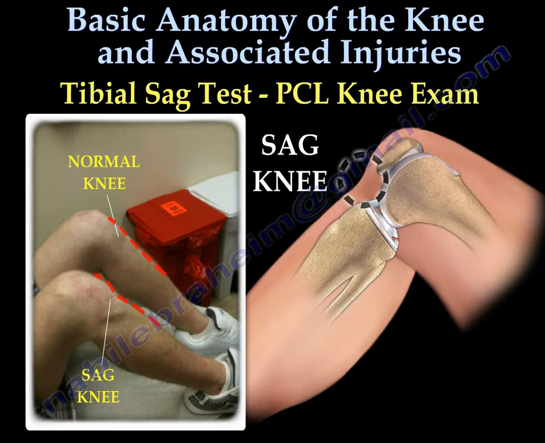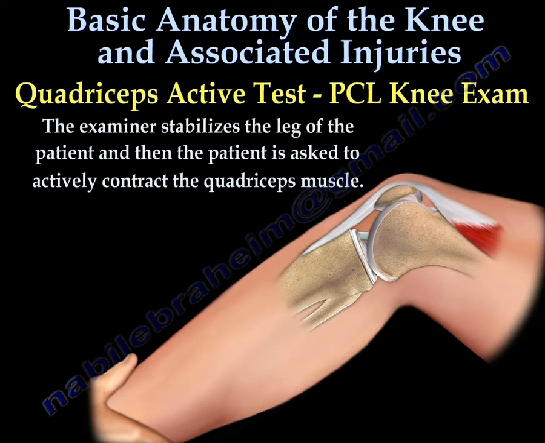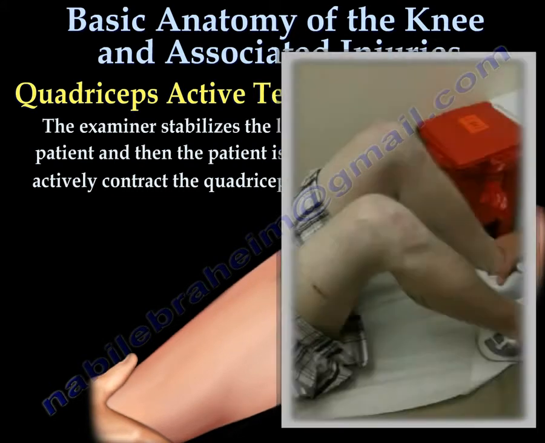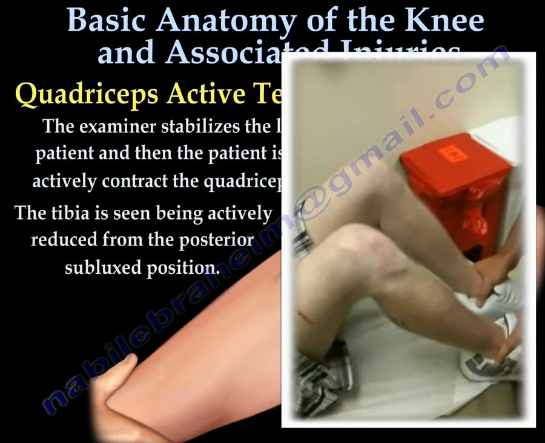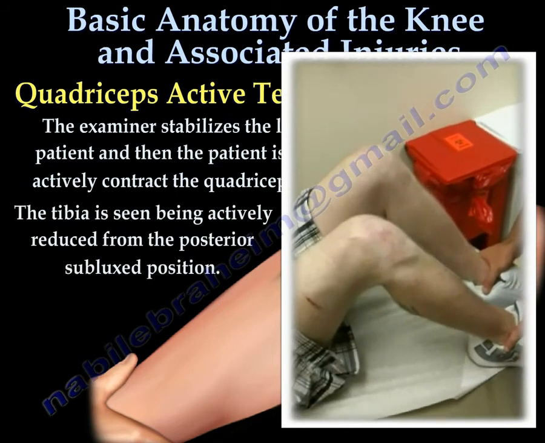Both knees are flexed at 90 degrees and the knees are viewed from the side to compare positions of the anterior tibia. The quadriceps active test is performed with the patient's knee flexed to 90 degrees. The examiner stabilizes the leg and has the patient actively contract the quadriceps muscle. The tibia is seen being actively reduced from the posterior subluxed position.